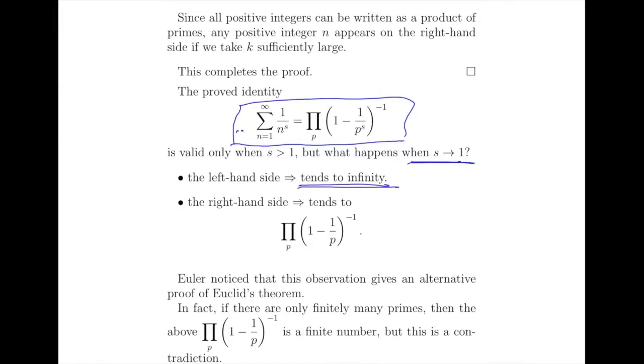So therefore, when s tends to 1, the right-hand side also tends to infinity. But the right-hand side, when s equals 1, tends to the product of (1 minus 1 over p) to the minus 1.